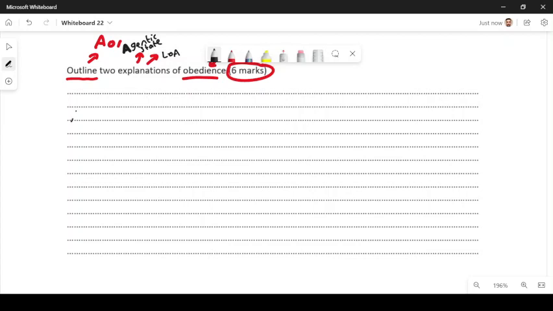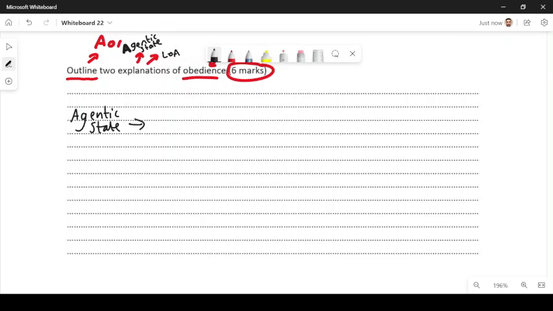So first off, when I'm talking about the agentic state, I would talk about a shift. The other state you may want to mention here is the autonomous state. And when you're in this agentic state, if you remember, an agent is someone that acts on behalf of someone.